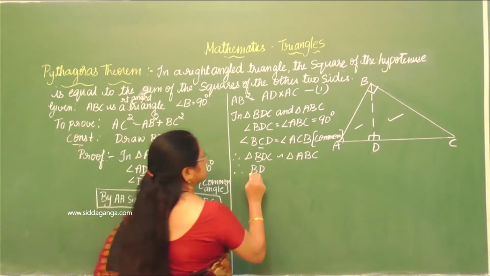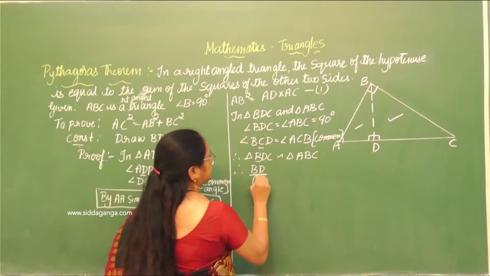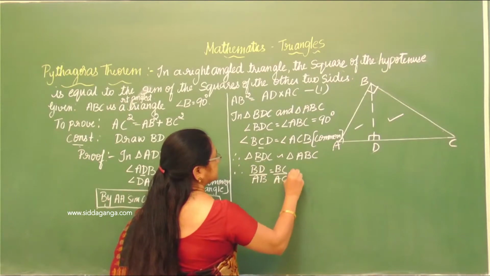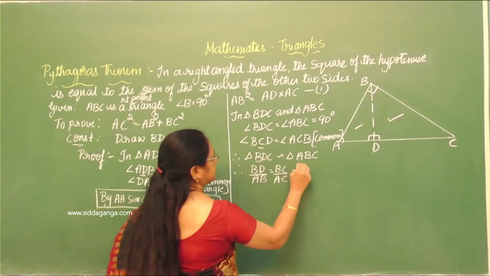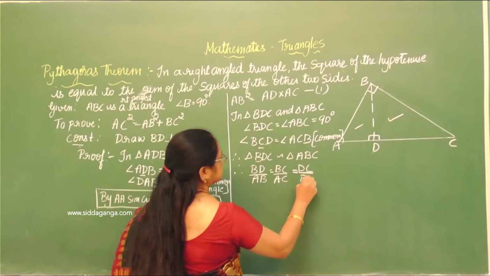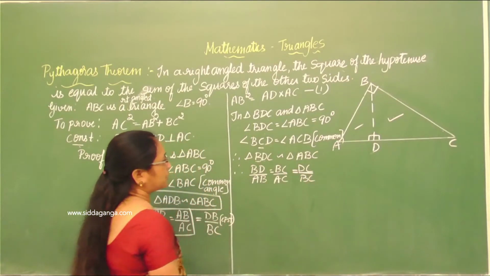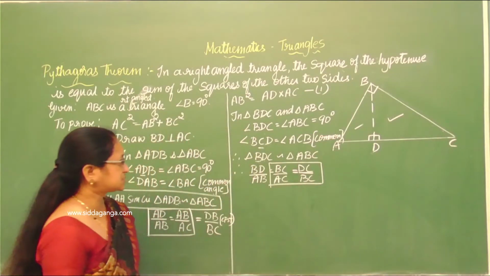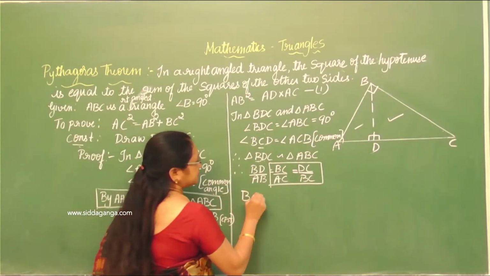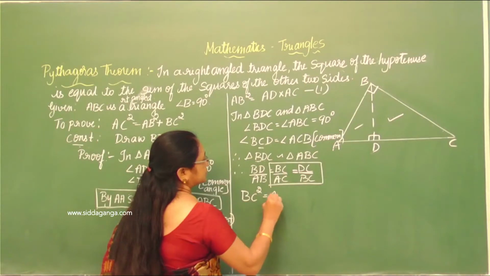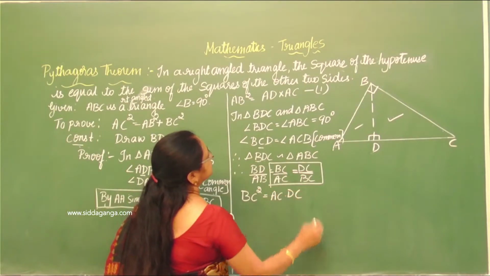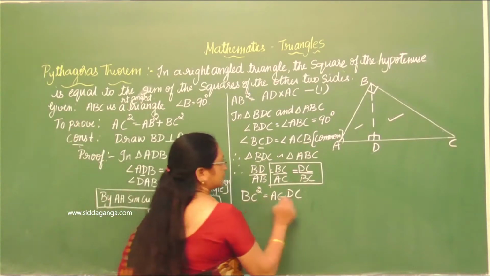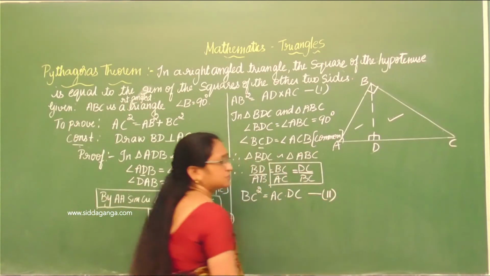And for this also by CPST, BD by AB is equal to BC by AC is equal to DC by BC. Now which is common here, we can just observe these two. So from this, can I write BC square is equal to AC into DC? Okay. Now we got the second equation.